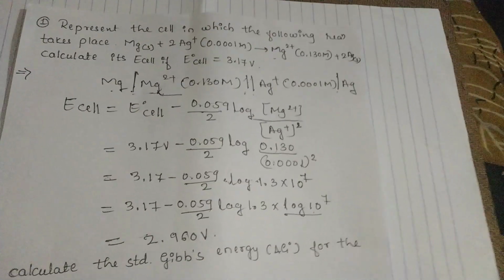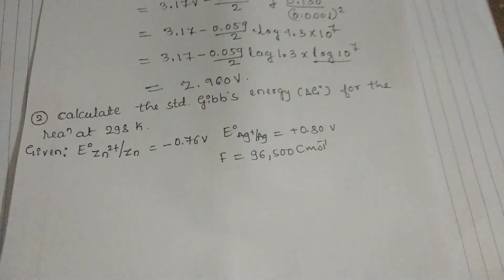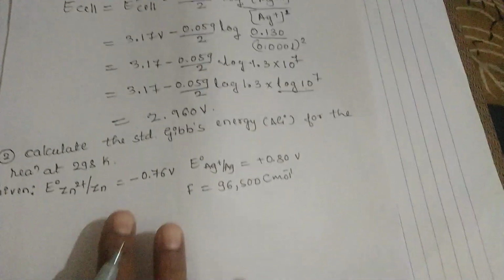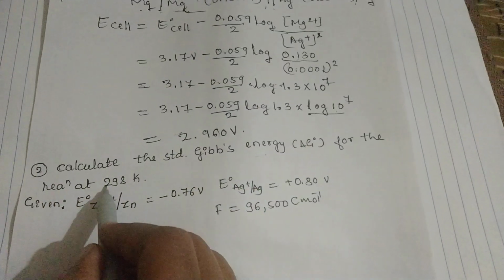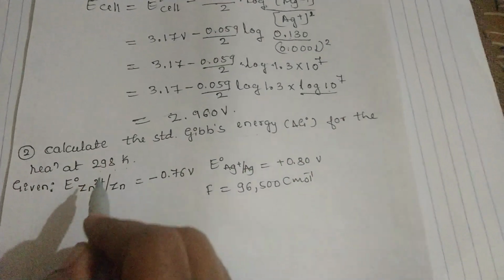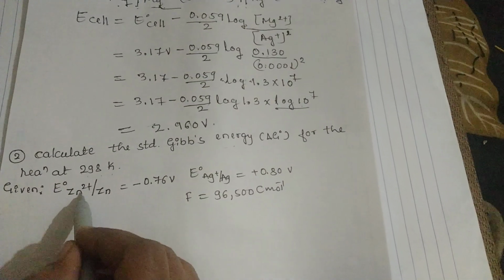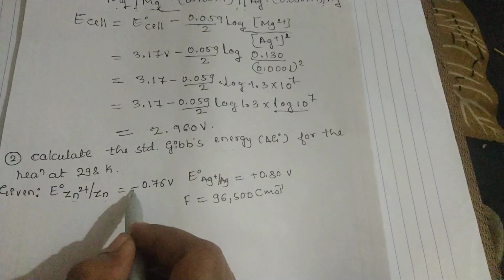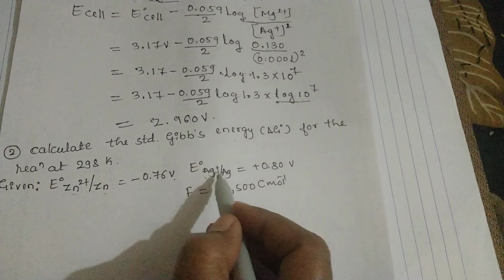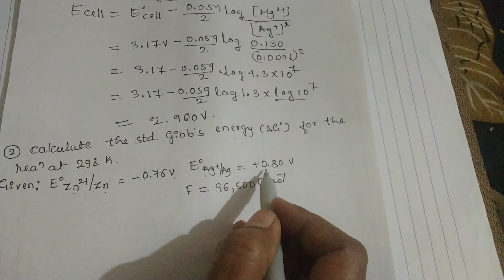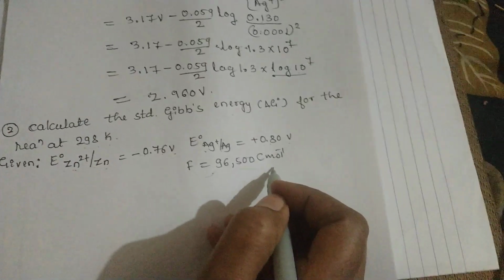Okay, the next one is: calculate the standard Gibbs energy for the reaction at 298 Kelvin. Here they have given E0 Zn2+/Zn is equal to minus 0.76 volt, E0 Ag+/Ag is equal to 0.80 volt, and we know the Faraday's value.